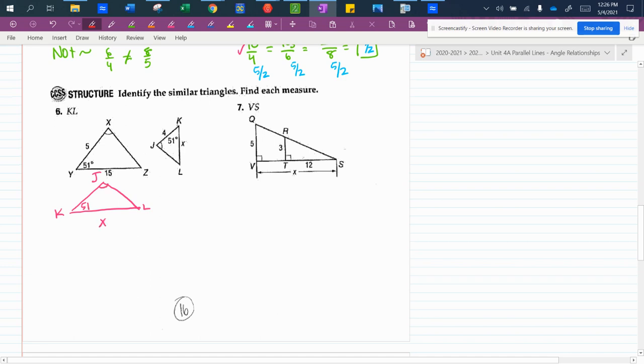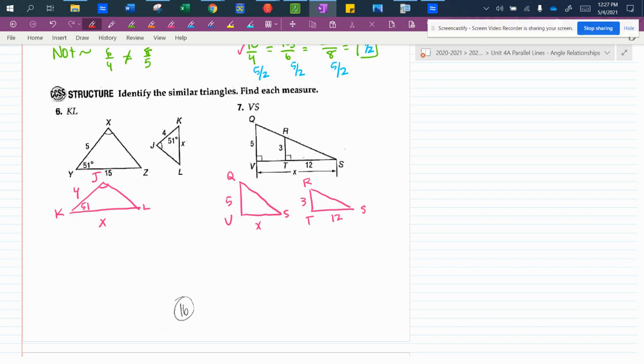KL is X, JK is 4. Draw this as two separate triangles where I have V, Q, and S, S, T, and R. VS is X, TS is 12, RT is 3, QV is 5. So this is going to make setting up our proportions a lot easier.